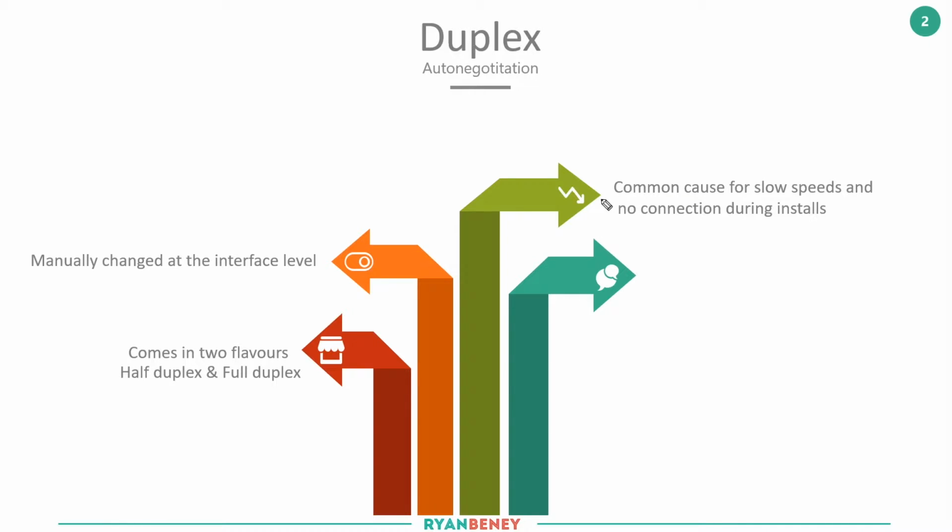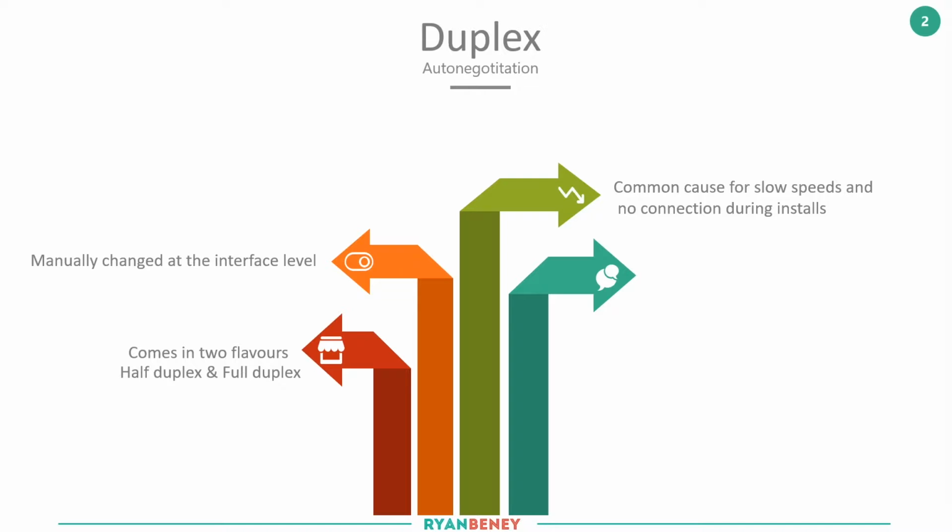The next point is a common cause for slow speeds and no connections during installs. I've put during installs, obviously it could be at any time, but from my experience, once the circuit is up and functional, you rarely see duplex issues with it unless an engineer has accidentally made changes they shouldn't have, or thinks it's wise to set one side as static and the other side not.